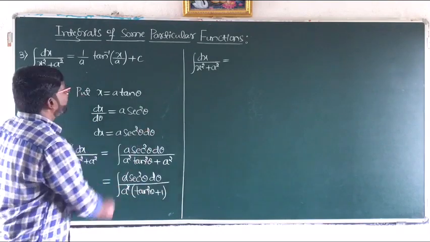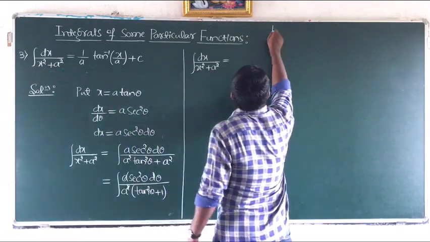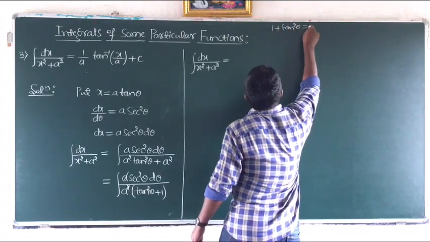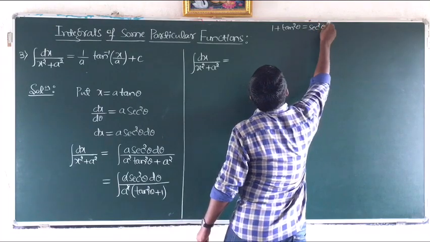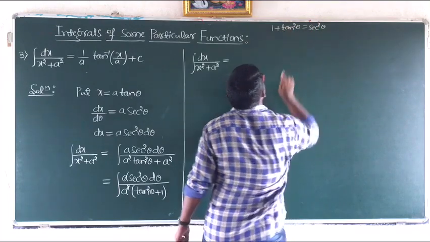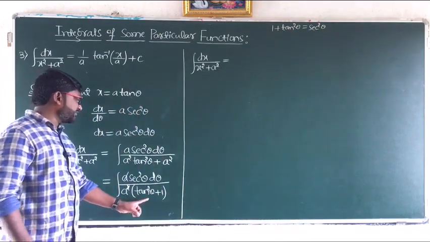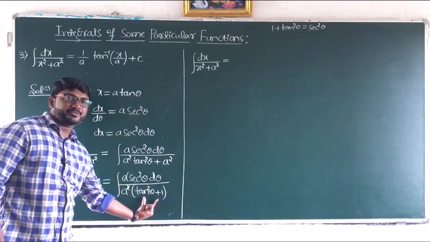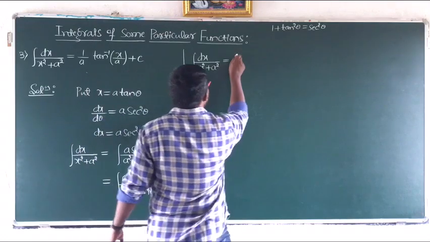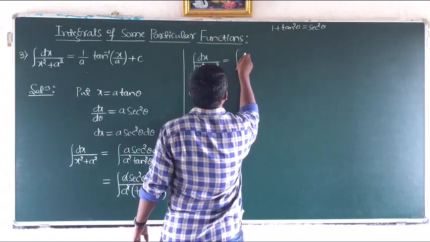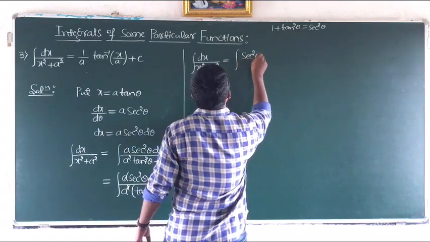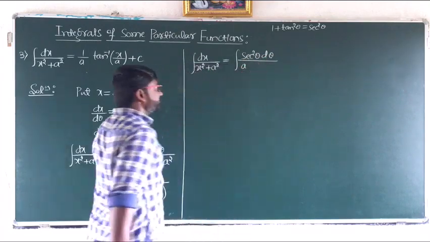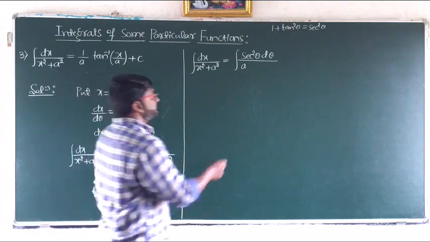So see here, we have 1 plus tan square theta is equals to secant square theta, the standard identity. So here we have tan square theta plus 1, so both are same. So this can be replaced by secant square theta. So integral secant square theta into d theta divided by, we are left with a, and this can be written as secant square theta.